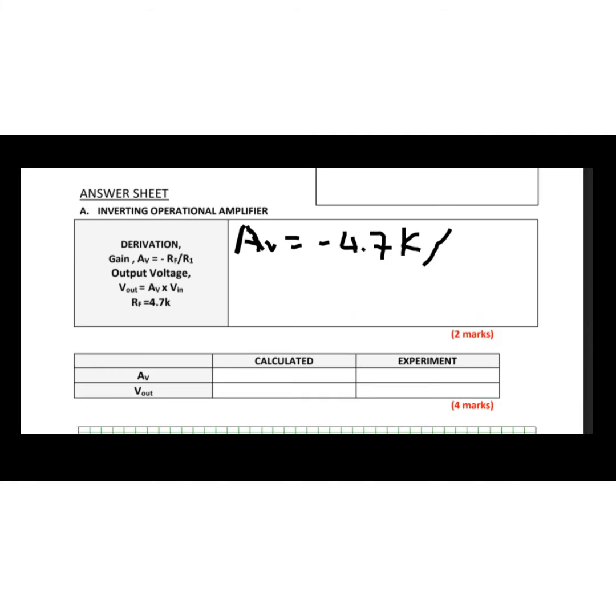So this is the calculation for the inverting amplifier. AV equals negative 4.7 kilo divided by 1k, and we get negative 4.7k.